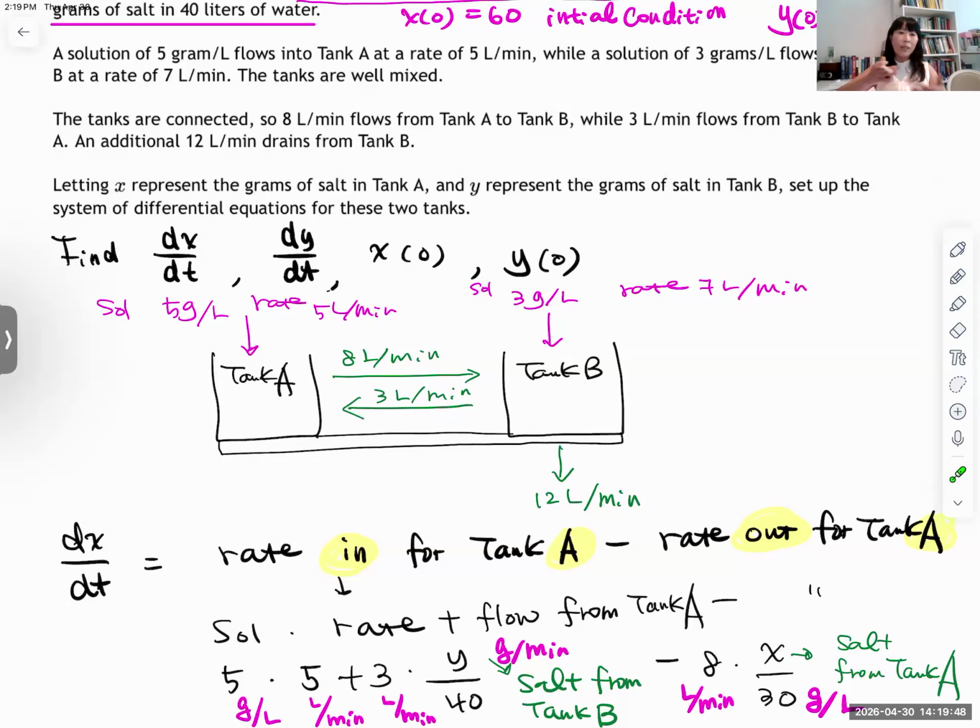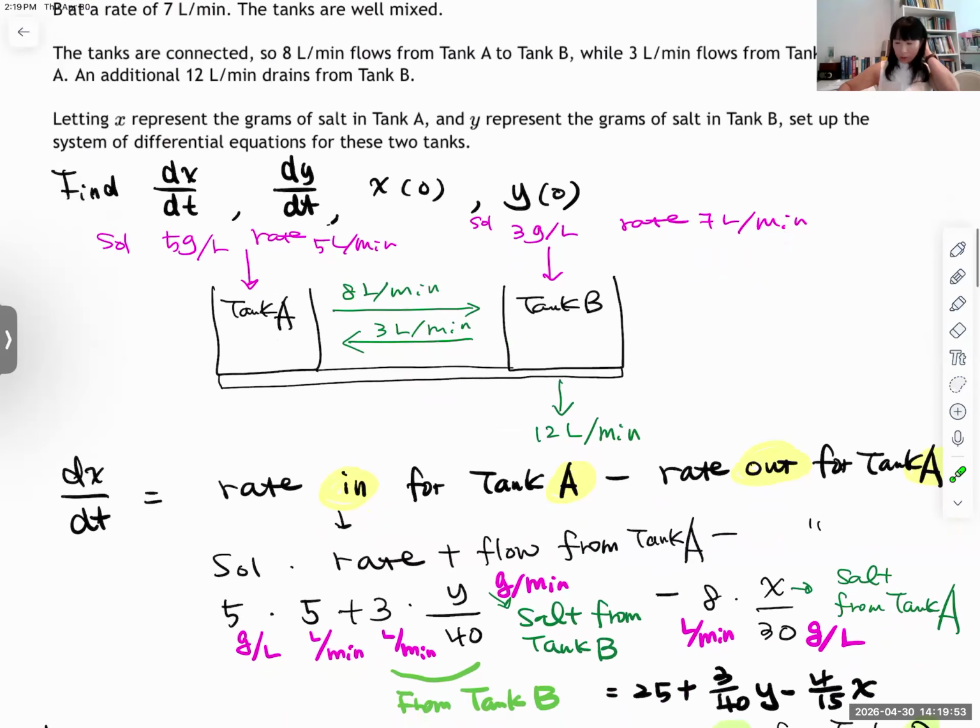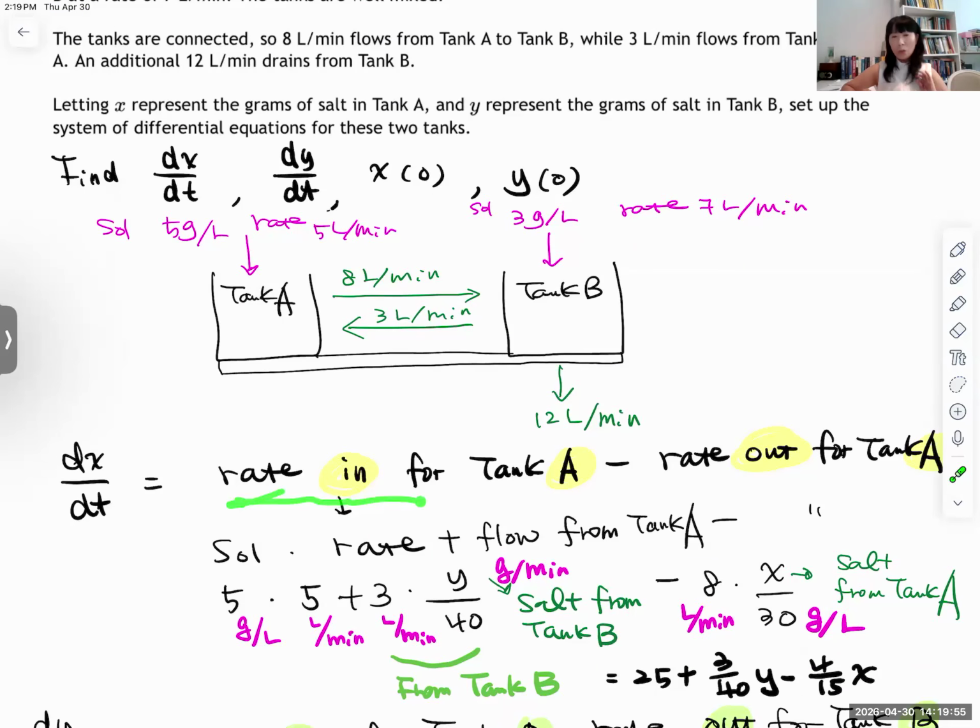So we set up dx over dt, the differential equation, right? We have a rate in for tank A, take away rate out for tank A. That's the dx over dt.